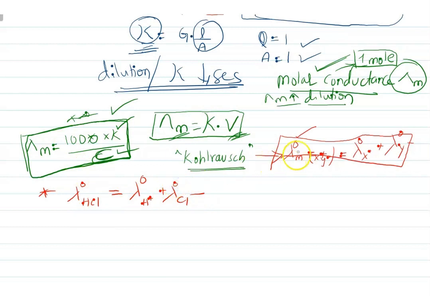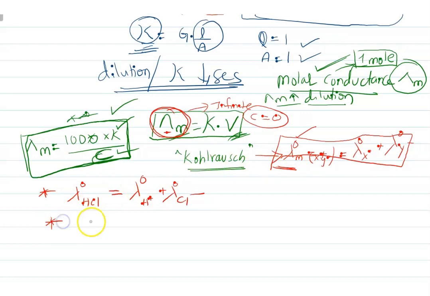Again a new word, limiting molar conductance is nothing but if you are calculating molar conductance of a solution at infinite dilution, highly diluted, nearly constant, where the concentration becomes nearly zero. At that infinite dilution, whatever the molar conductance is there, that molar conductance itself is called as limiting molar conductance.